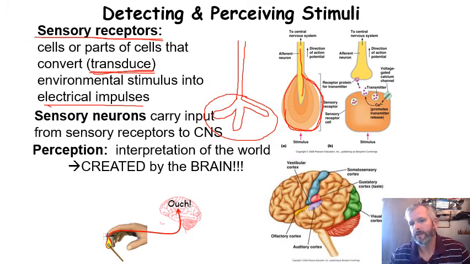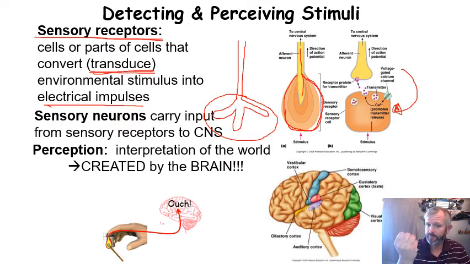There's also receptors that are actually not even neurons. They are usually specialized epithelial cells that respond to the stimulus. But these specialized epithelials have to be associated with these sensory neurons, because we got to get the transduction of the signal and then send that signal into the central nervous system.